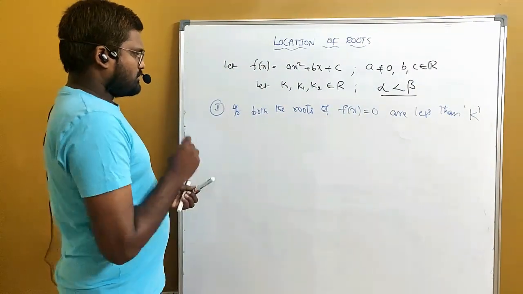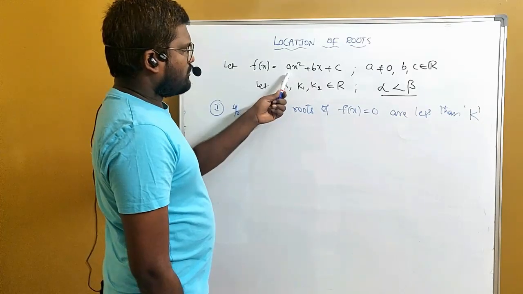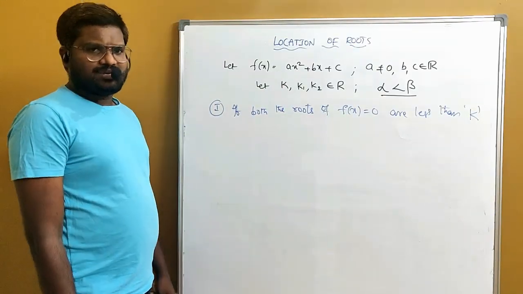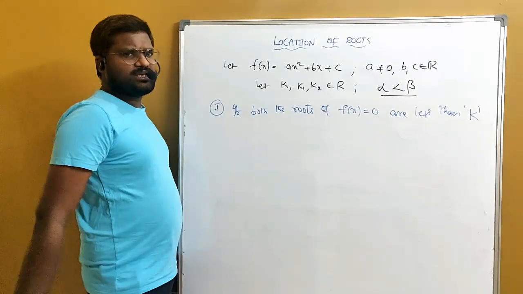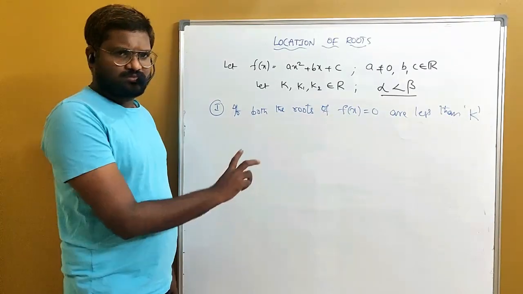Okay, so definitely here we do not know whether a is greater than 0 or less than 0, but we will consider both the cases, so we will get the common restriction in both the cases.